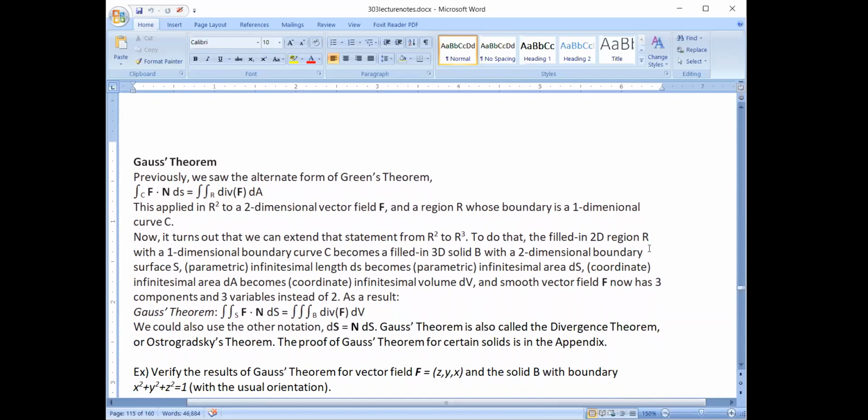We're going to verify the results of Gauss's theorem for the vector field F given here, and the solid B with the boundary x squared plus y squared plus z squared equals 1, with the usual orientation.